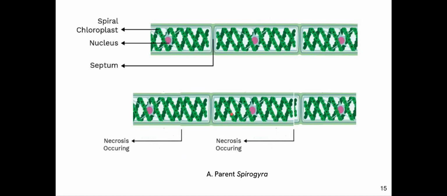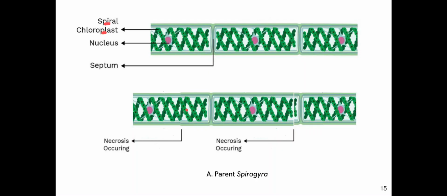Here we study about fragmentation in Spirogyra. On your screen, you can see the parent Spirogyra. It is known as Spirogyra because of its characteristic spiral chloroplast. There is the darkly stained nucleus, and each of the cells is divided by this septum.